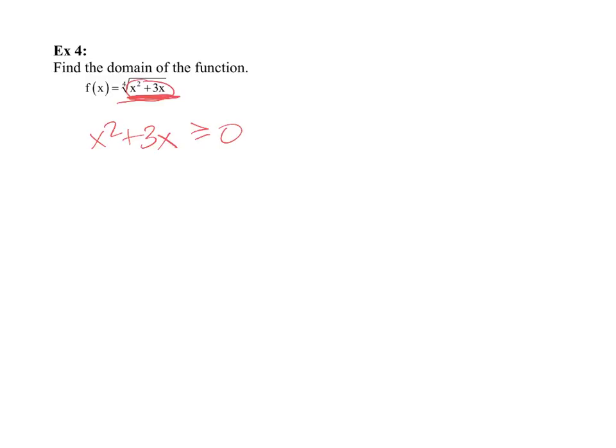Now if I solve this inequality, I'll figure out what the values of x are, or in other words, what the domain is. So I'm going to factor to start off with. You could approach this problem right now as if there's an equal sign there. So let's solve for values of x.